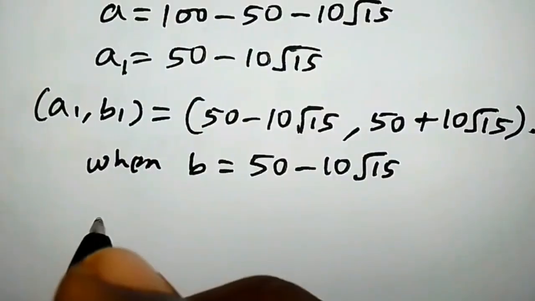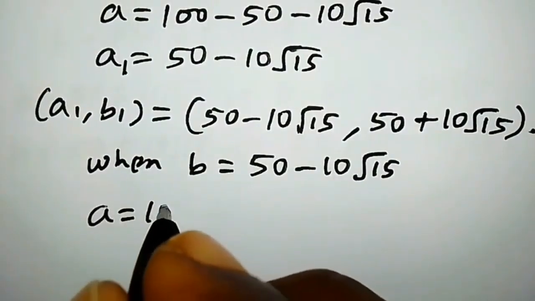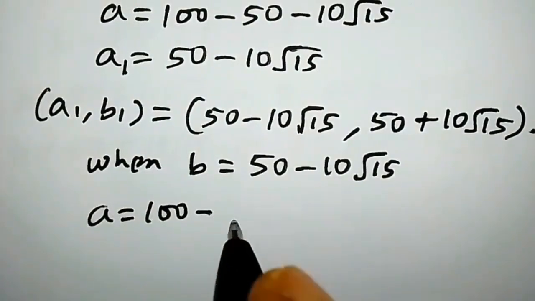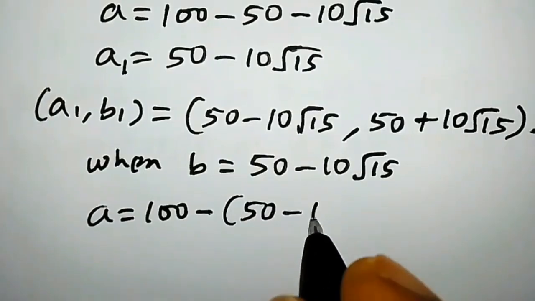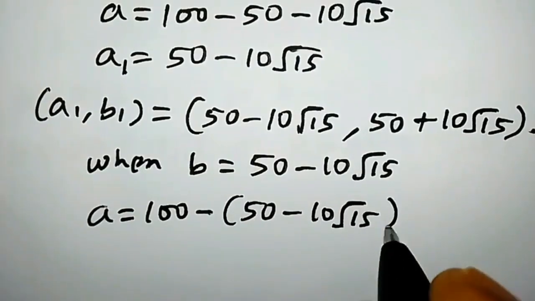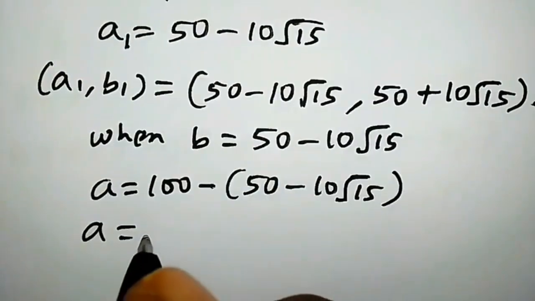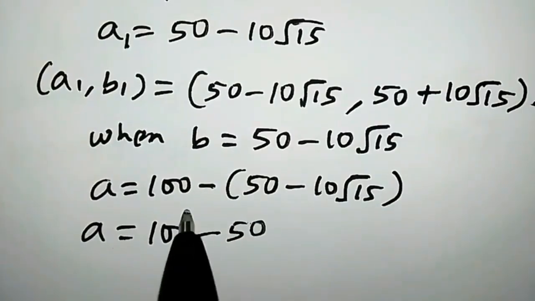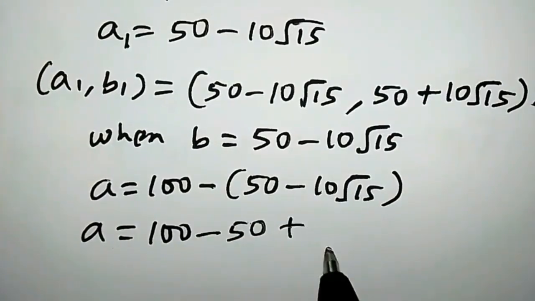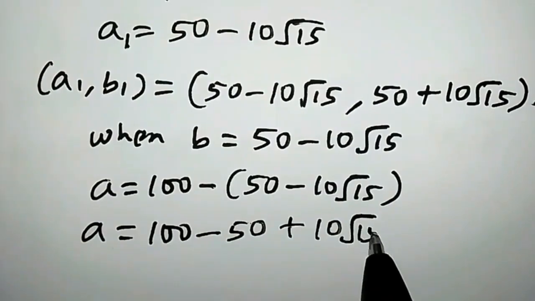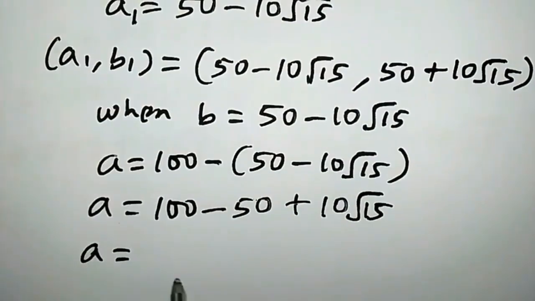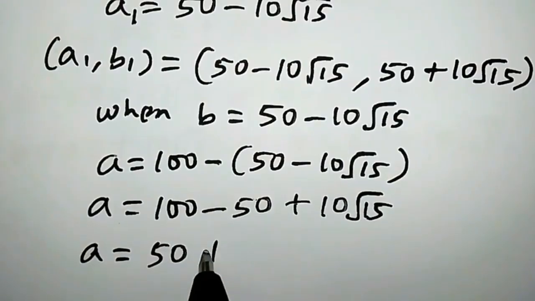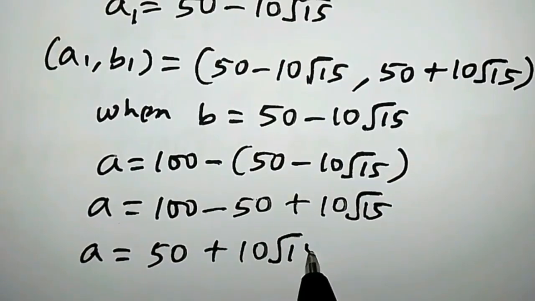So we are going to have a equal to 100 minus (50 minus 10 root 15). a equal to 100 minus times 50, that is minus 50, minus times minus, that is plus 10 root 15. a equal to 100 minus 50, that is 50, plus 10 root 15.